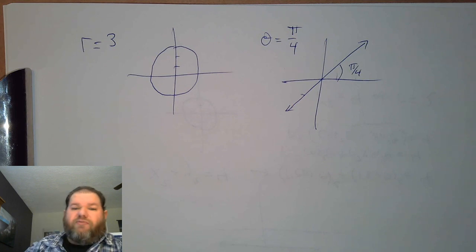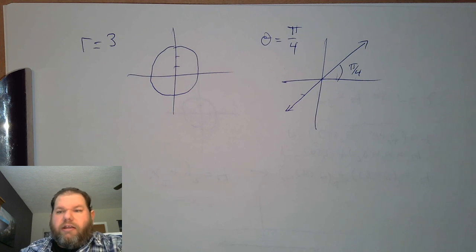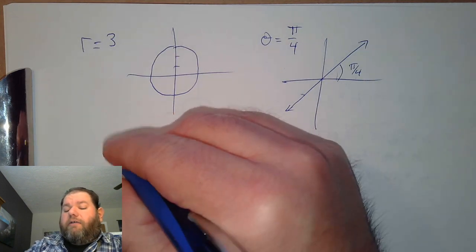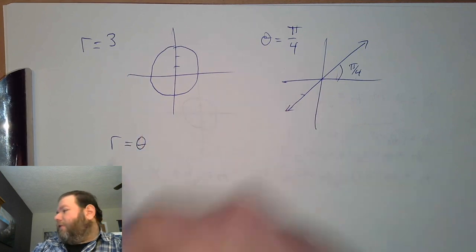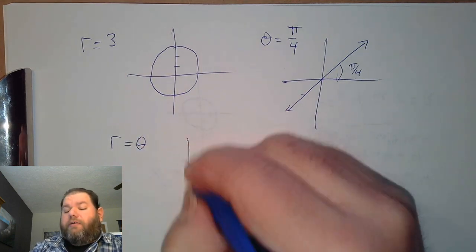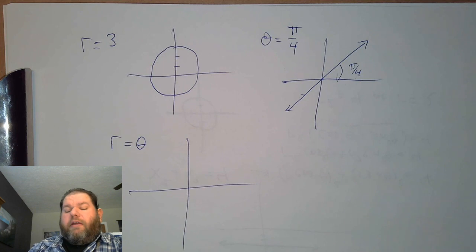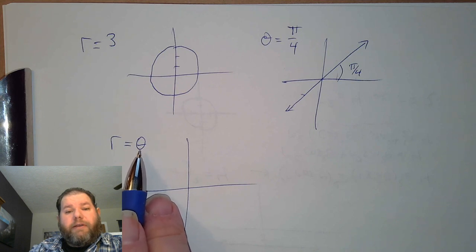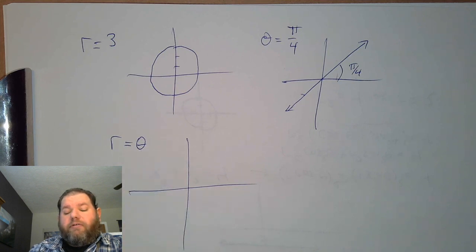It's really the same reasoning that we were using when we were talking about the individual points. The same applies to functions, at least when we have theta involved like this. Now, if we have something like r equals theta, that means that the distance from the origin is equivalent to the angle that it makes to the axis.